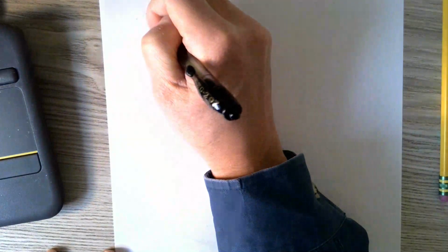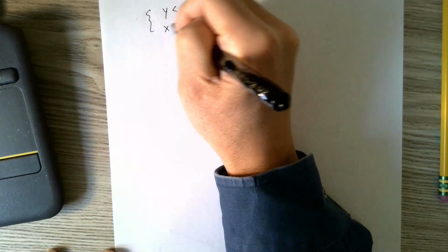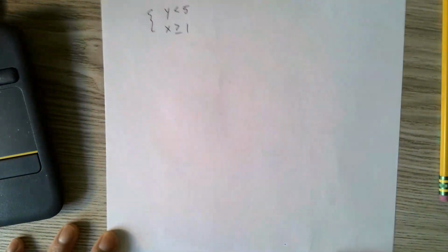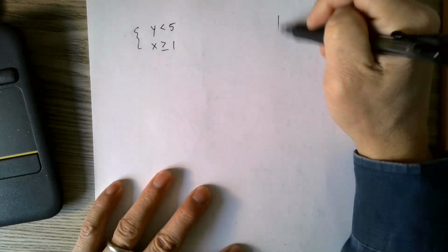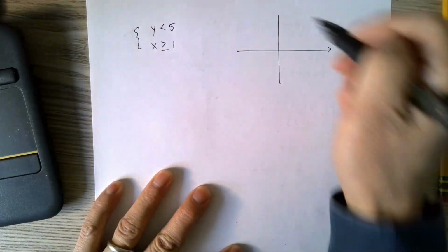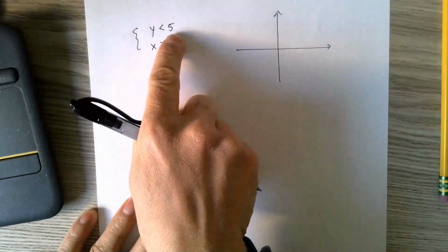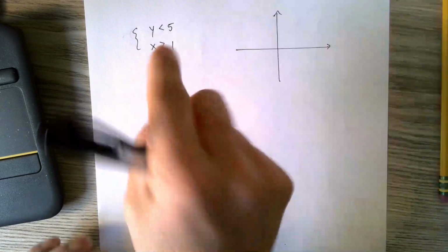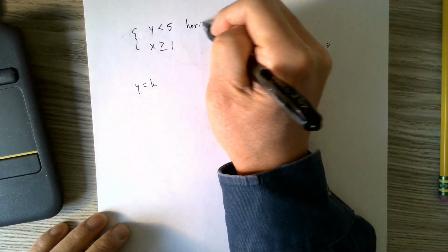Okay, last example. y is less than 5 and x is greater than or equal to 1. Okay, first of all, remember, any line of the form y equals k is horizontal. So this is a horizontal line.